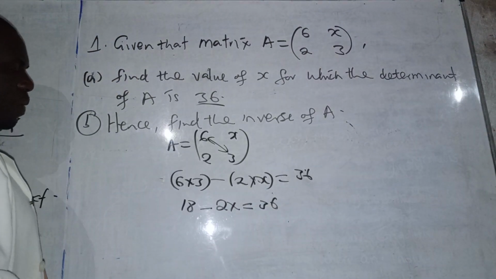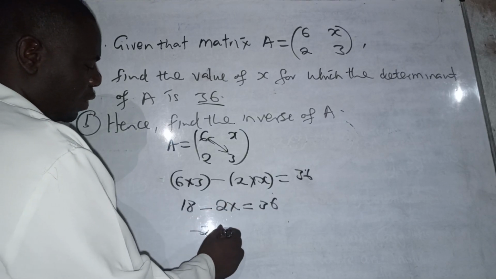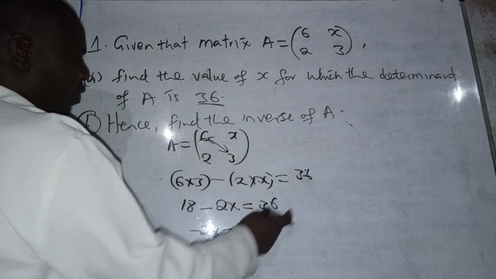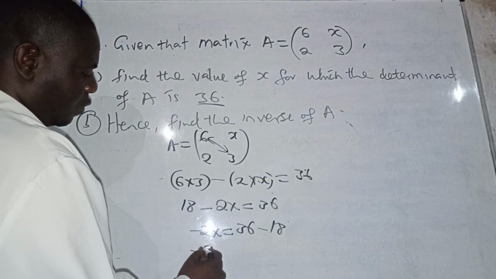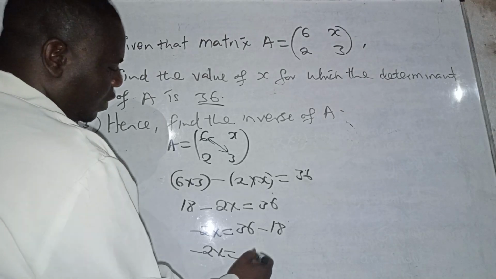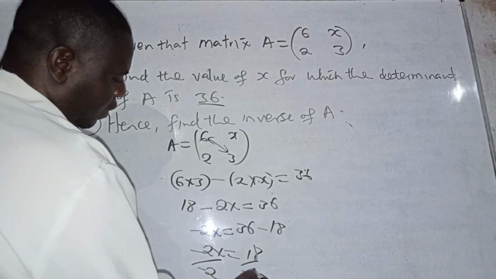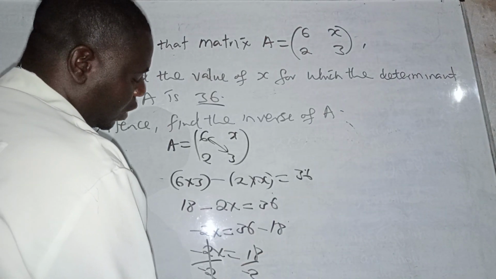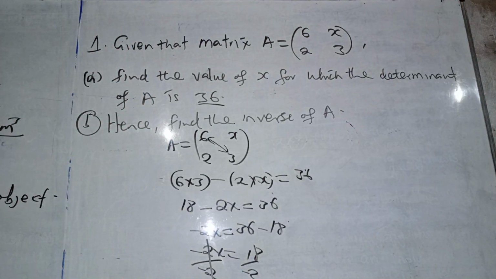So we're going to group like terms together. This will remain with negative 2x is equal to 36 minus 18, since this 18 will come to the right hand side to be minus 18. So negative 2x is equal to 18. Dividing by negative 2 on both sides, they cancel, so x is equal to negative 9.